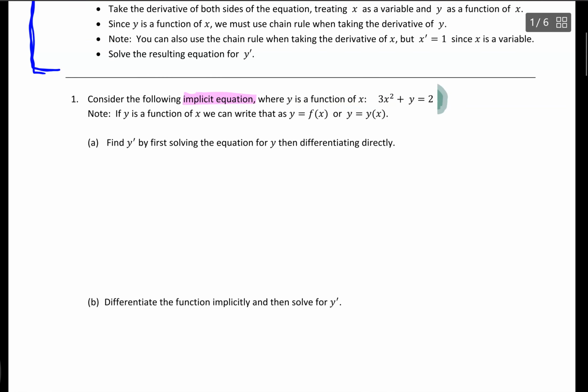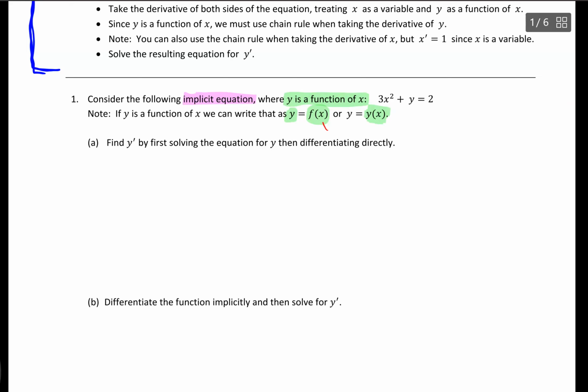So let's take a look at this. It says, consider the following implicit equation where y is a function of x. Okay, now that's important. Where y is a function of x. Y can be written as a function of x. Or sometimes instead of the f of x notation, they'll do y of x, but you still read it the same way. You're going to slow your brain down and say, oh, wait a second.